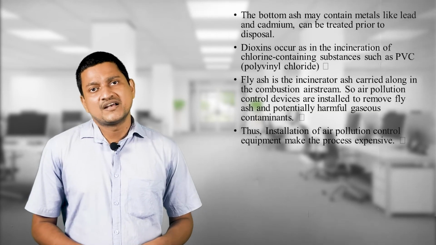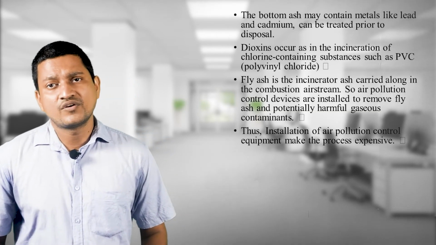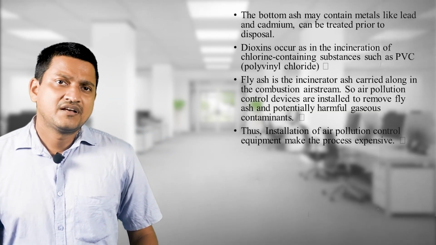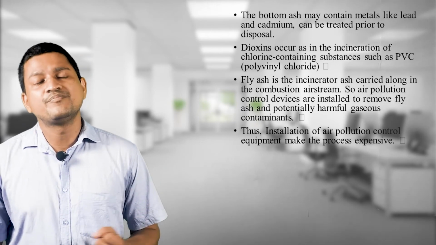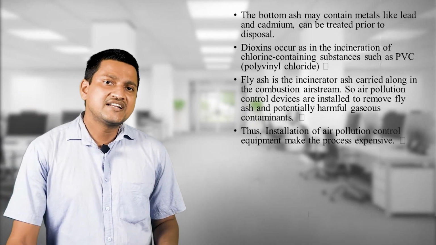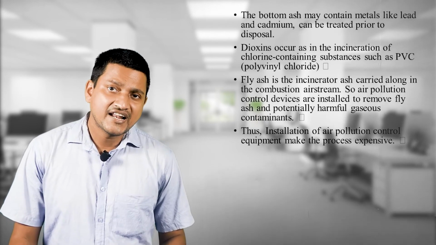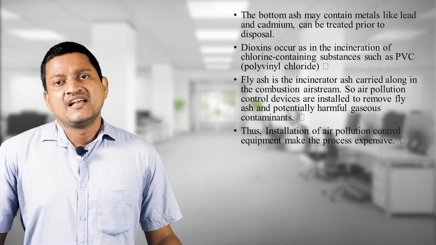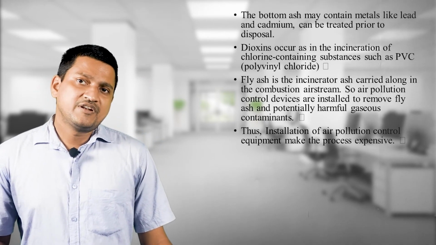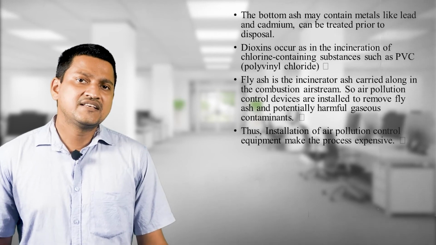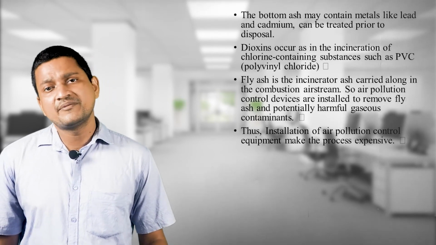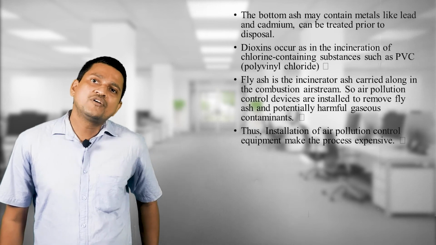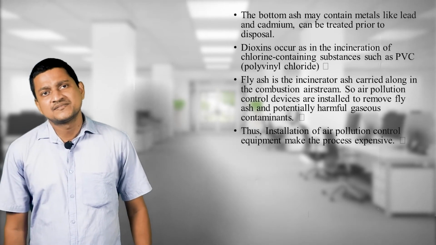Dioxin occurs from the incineration of chlorine-containing substances such as PVC, polyvinyl chloride. Fly ash is incinerator ash carried along in the combustion air stream, so air pollution will occur. Thus, installation of air pollution control equipment makes the process more expensive. These are the drawbacks.